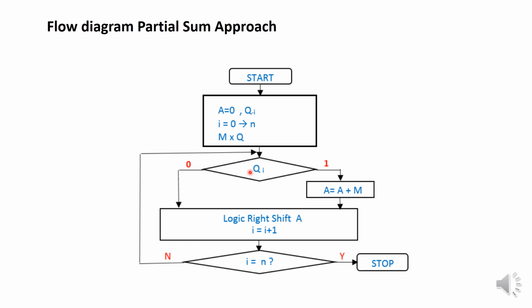In this comparison, if Q is equal to 1, we make the addition. If Q is equal to 0, we go directly to the right shift. And this is the iteration loop. When we reach the number of bits n, that's the end, and we stop.